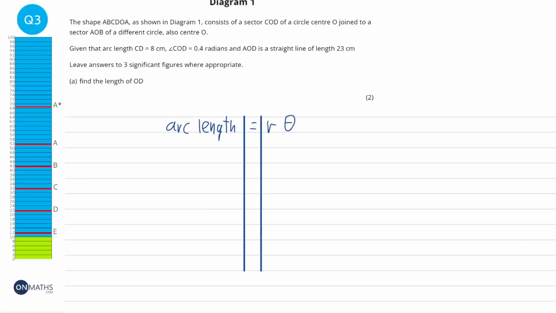And let's just get our lines in. Now the arc length will be that 8. The radius we're trying to find, and we see that the angle is 0.4. So both sides we're going to divide by that 0.4. And 8 divided by 0.4 will be 20. So the radius will be 20, and therefore OD will be 20 centimeters.